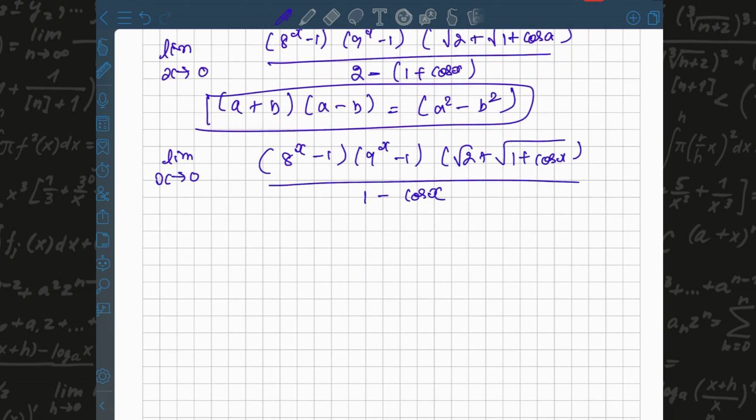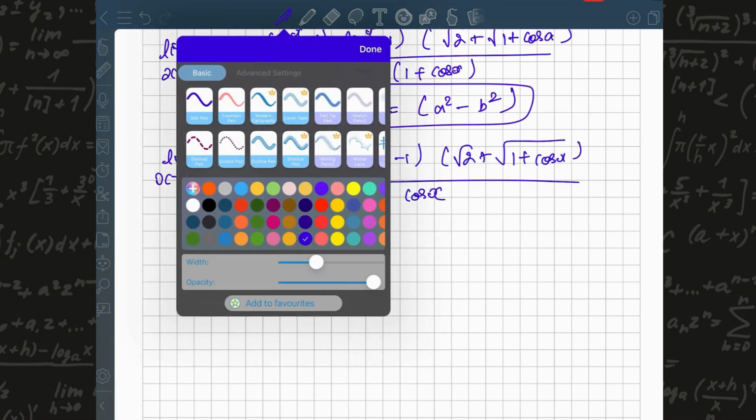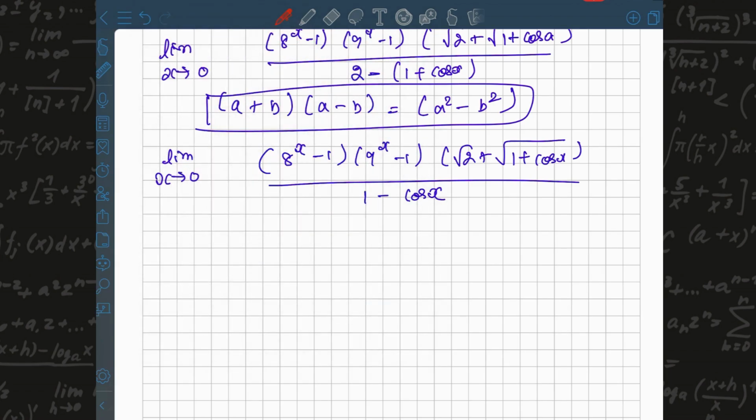Okay, so we have reached this point, and then how to solve the limit after this. At this point of time I would like to give some ideas to solve it. You guys have seen this somewhere in trigonometry.